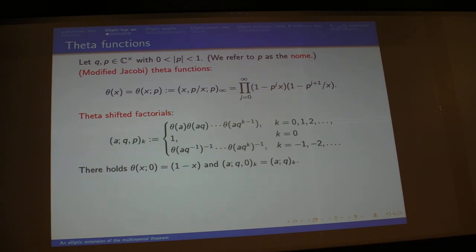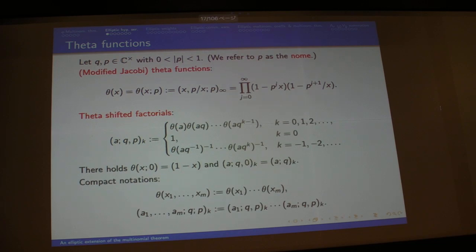So this is the Jacobi triple product identity. Of course, you can write this as a sum, but this is not the point. What you might not be so familiar with, because I'm working with explicit expressions, is that I'm using theta-shifted factorials. (a;q,p)_k is now this product of k factors, where each factor is an analog of these linear factors, so this extends the q case.